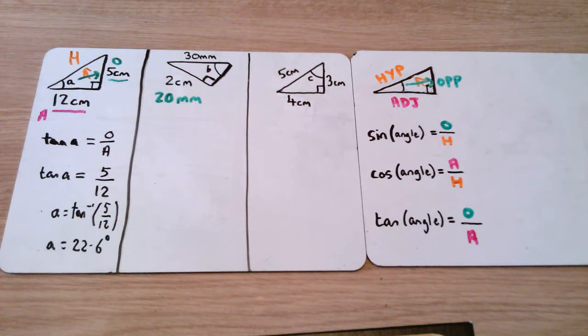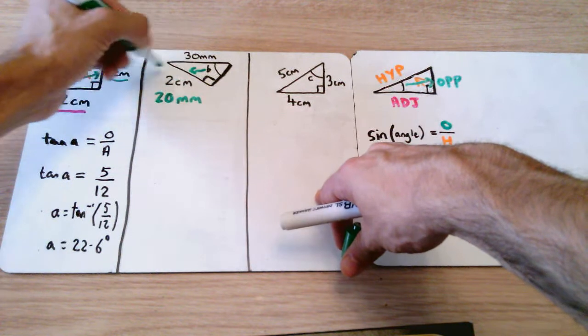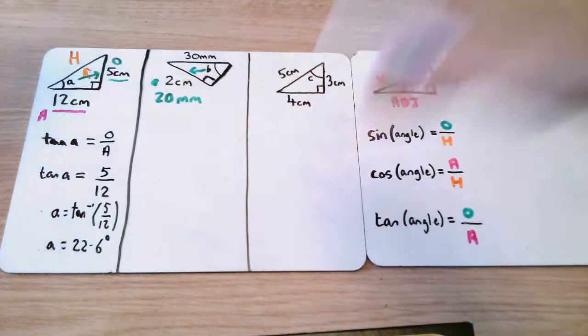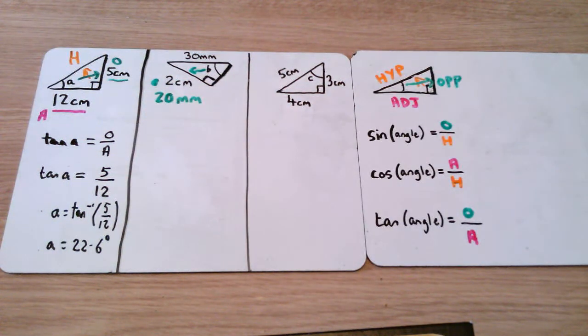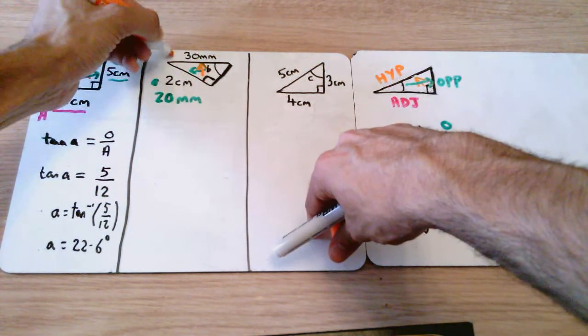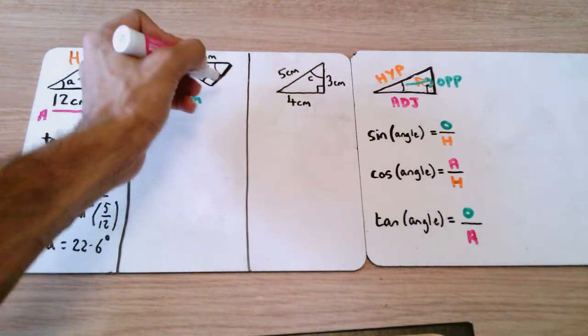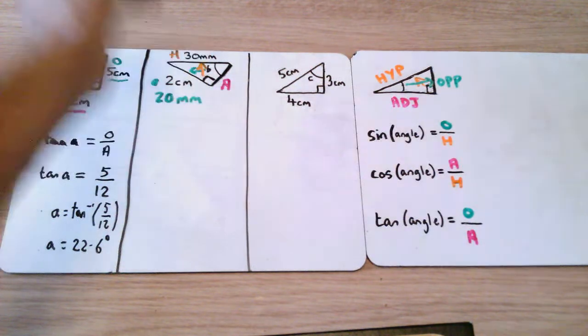I've done that in green because that length there from B to there is our opposite. And the 30 millimeters in this case is our hypotenuse, which means that for this triangle, we are missing the adjacent. We don't need to find the adjacent, but we can if we want to.